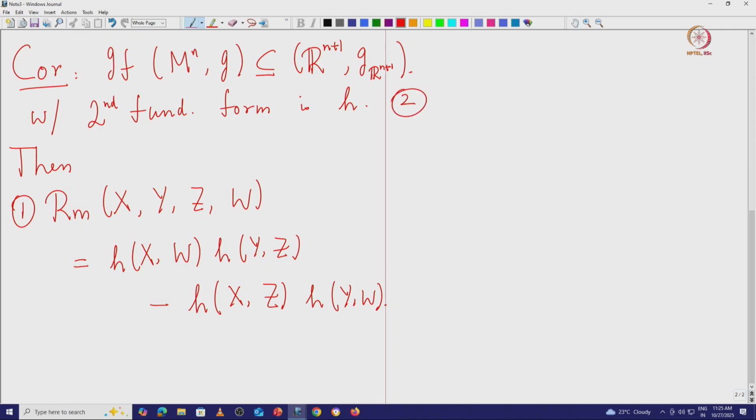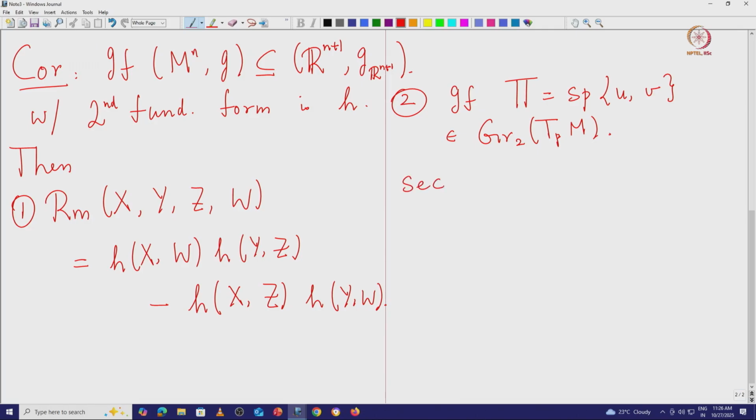And as a consequence of this, suppose you take a plane spanned by these two vectors u and v. So let us say this is a plane in the tangent space at p.